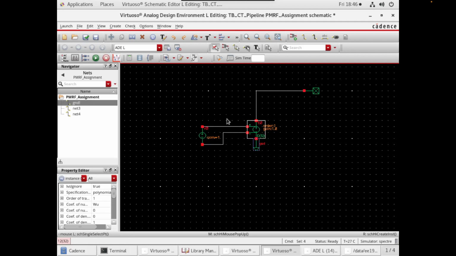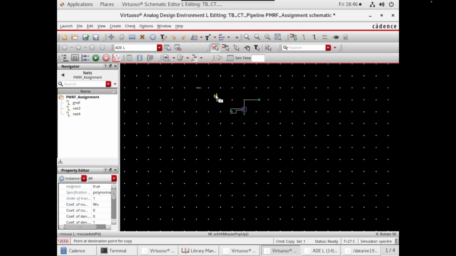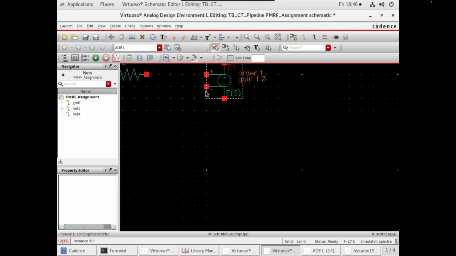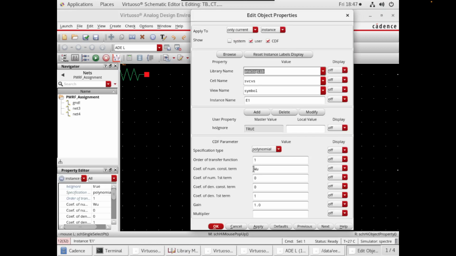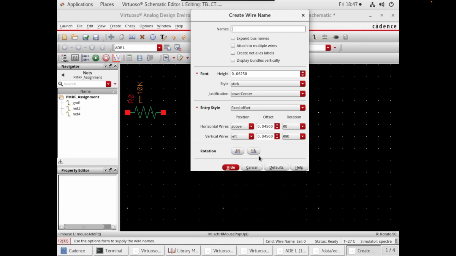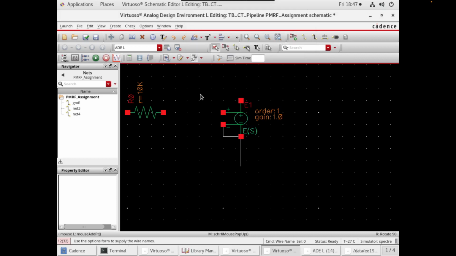So this will provide it. Let's call this the ground connection.